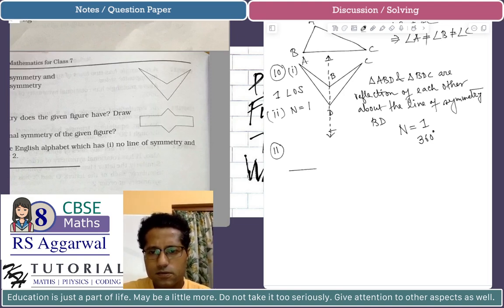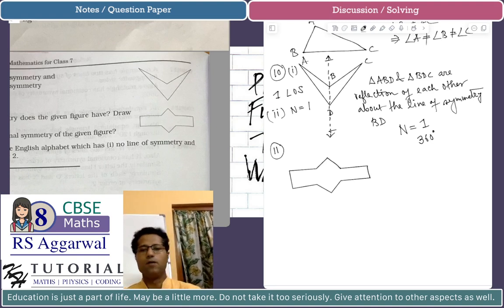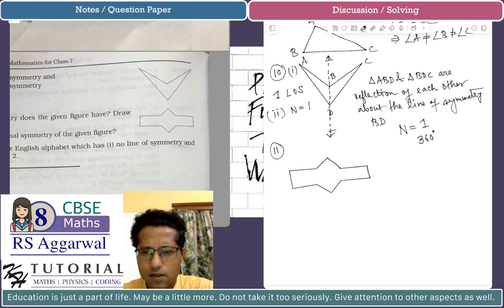We have this, again this. My figure may not be exactly as the figure given in the problem, but anyway this is more or less the figure.